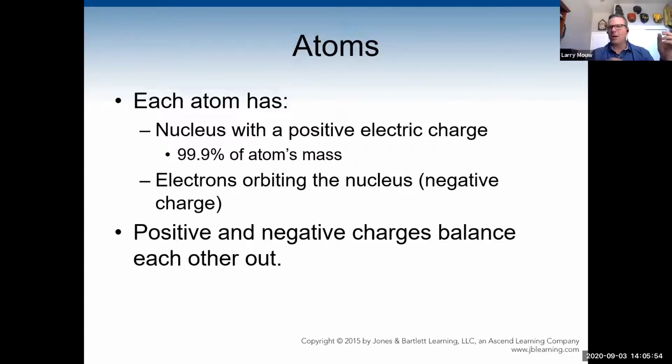When we have a positive and a negative charge, they keep each other in balance. If we had two positive charges, they'd want to push away from each other, same thing with two negative charges. But positive and negative charges want to hold things together, and that's what holds the atom together itself. The positive and negative charges balance each other out. So the positive charge of the nucleus determines how many electrons are in that atom.